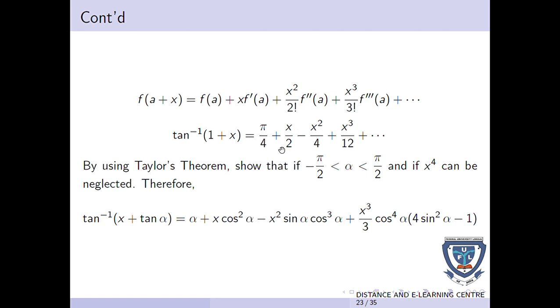Bringing everything together, you are going to see that arctan(1 + x) will be equal to π/4 + x/2 - x²/4 + x³/12 + ... By using Taylor's theorem, we can show that if x lies between -π/2 and π/2, and if x⁴ can be neglected, then this expression still holds and is very correct.